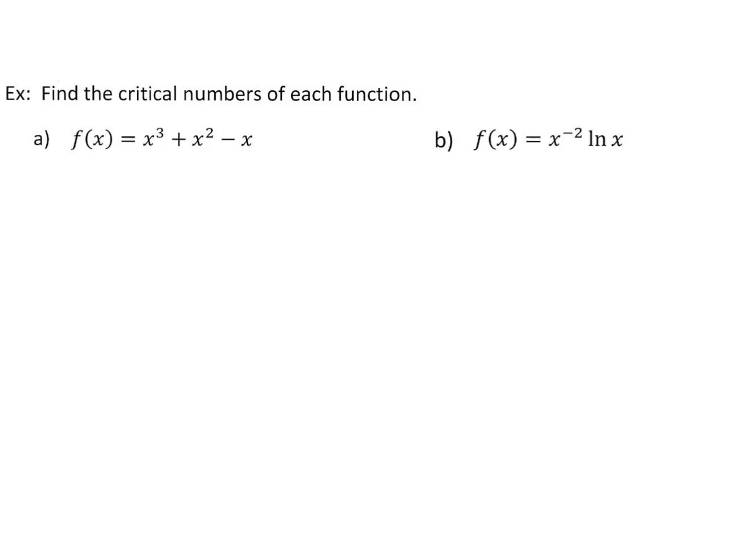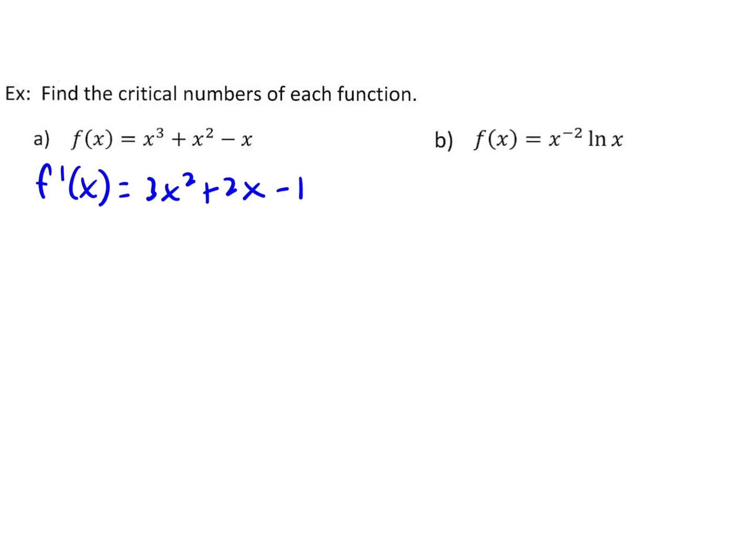Okay? So go ahead and take the derivative of that, and then set it equal to 0 and find out what x's are going to make the derivative equal 0. All right, so hopefully you got the derivative is 3x squared plus 2x minus 1. Those of you who have become somewhat of a calcaholic, you should really be trying to factor that. This would be a problem where they're not going to let you use the calculator. When it's factorable, they're not going to let you use the calculator.